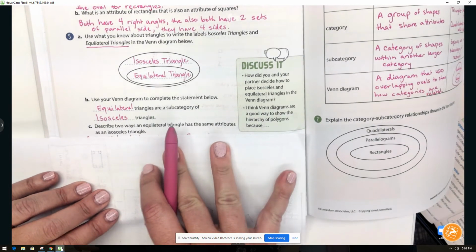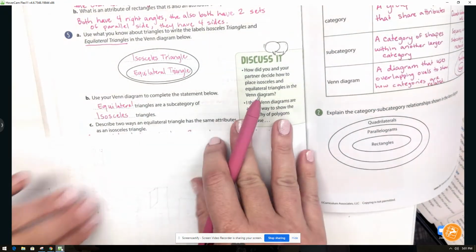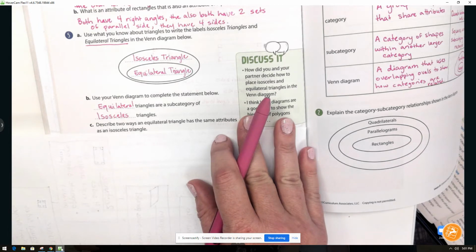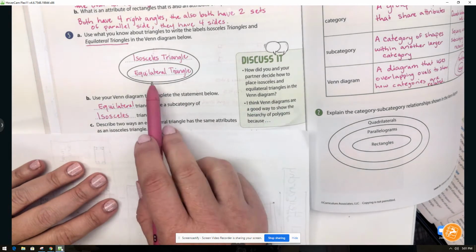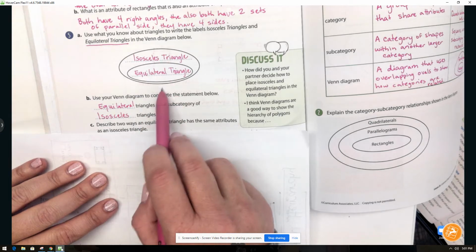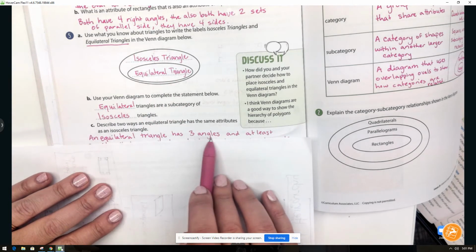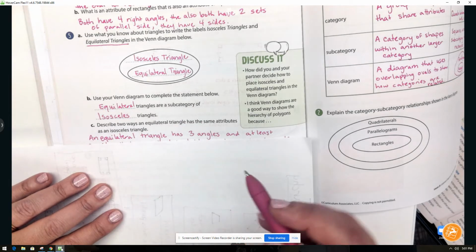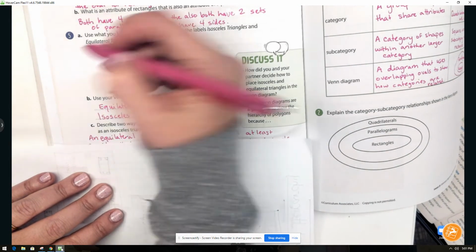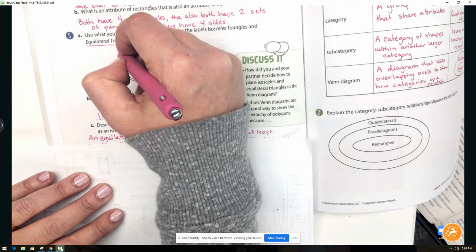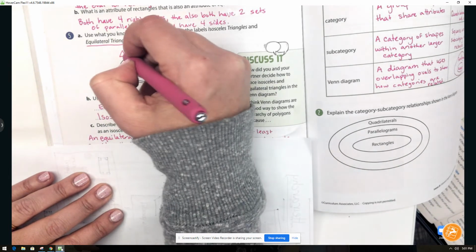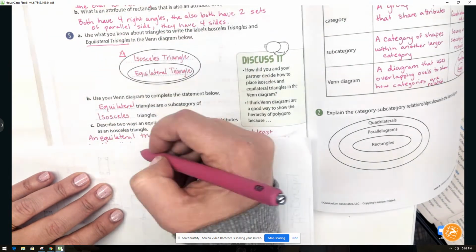So now we're going to describe two ways an equilateral triangle has the same attributes as an isosceles triangle. So what are two ways that these two triangles are the same? An equilateral triangle has 3 angles. So if I had an isosceles triangle, it would look something like that, where these two sides are equal.